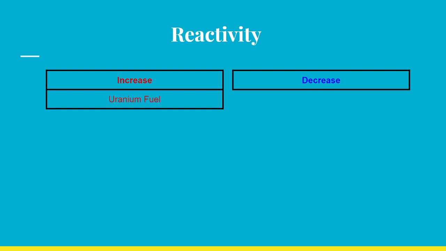You have more uranium actually going through fission. You also have the boron control rods. These are often compared with the thing you can do to slow down, maybe your brakes or your throttle, if you think of this as a vehicle.